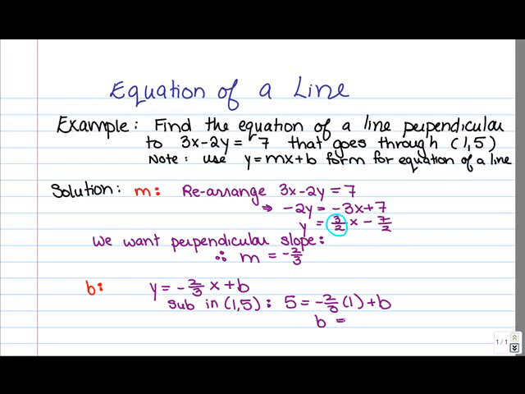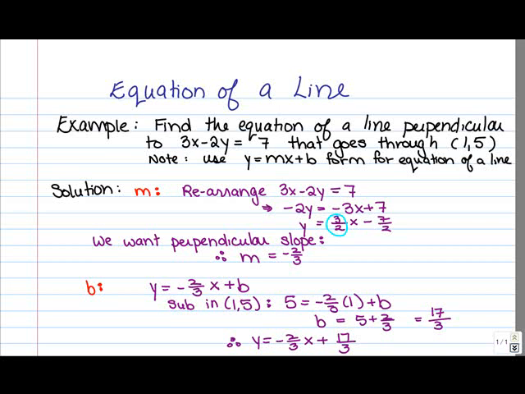And so b works out to be 5 plus 2/3, and we get that by adding 2/3 to both sides. If we find a common denominator of 3, 5 times 3 gives us 15, plus 2 gives us 17/3. So our final answer, therefore, is that y is equal to -2/3 x plus 17/3.